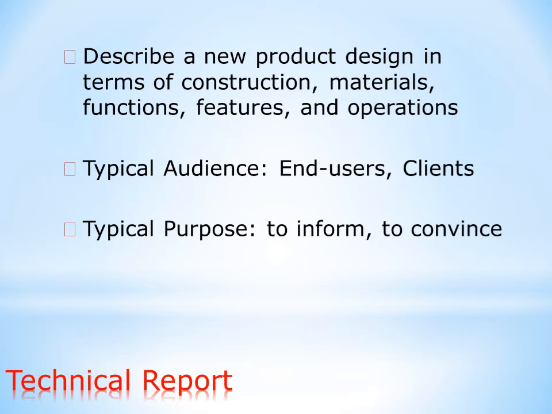The typical audience may be the end users who are using the product you are going to report, or the clients of that construction project, etc. The typical purpose is to inform the people about the new designs, or about the new construction material, or to convince the people about the function, features, and operation of a new building. So they may be variable. This type of report may be a variable thing. The end user will also be variable. So this is about the technical report.